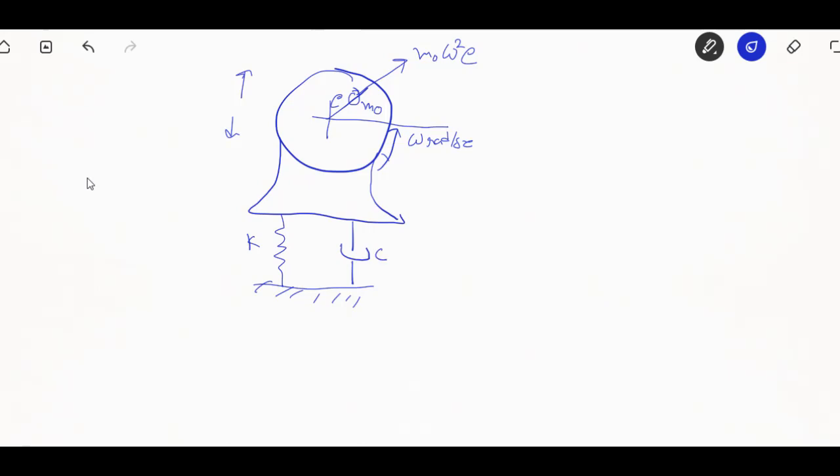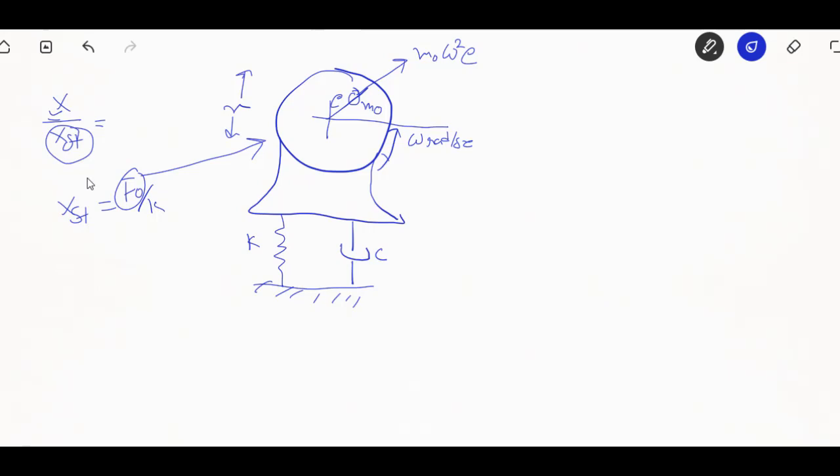We need to relate this formula with the previous one, as we studied earlier, about the ratio of the zero frequency deflection with the operational deflection which we will achieve here. In the zero frequency deflection case, last time I defined it by F naught by k. Now this F naught has been replaced, in the case of rotation, by m naught omega square e, which is the centrifugal force responsible for the deflection in the system.